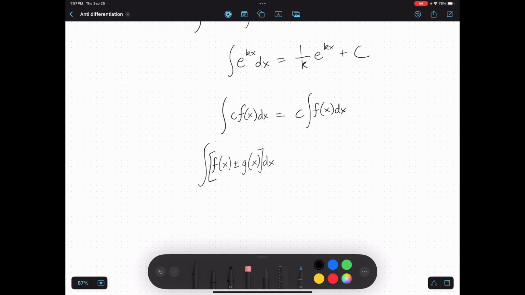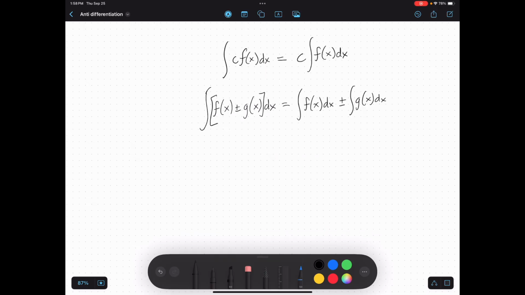How does addition affect derivatives? It doesn't. You can just take the derivatives separately. And so for that reason, the same is true for antiderivatives. I can just take the antiderivatives of each function separately and then add or subtract them together. What if I have two functions multiplied by each other? Does that complicate your derivative?